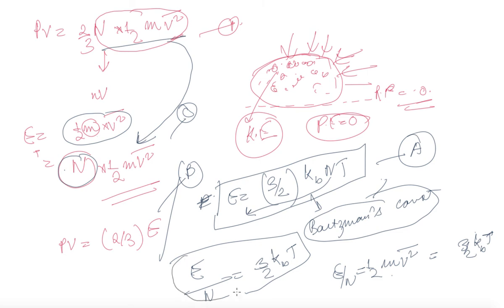This is the relation between kinetic energy and temperature. So this is your temperature T and this is your kinetic energy E, the total kinetic energy. The final relation will be given as E is equal to N into 3 by 2 into Kb into temperature T. So this is the relation between E and T, and this is what we wanted. This is our derivation.